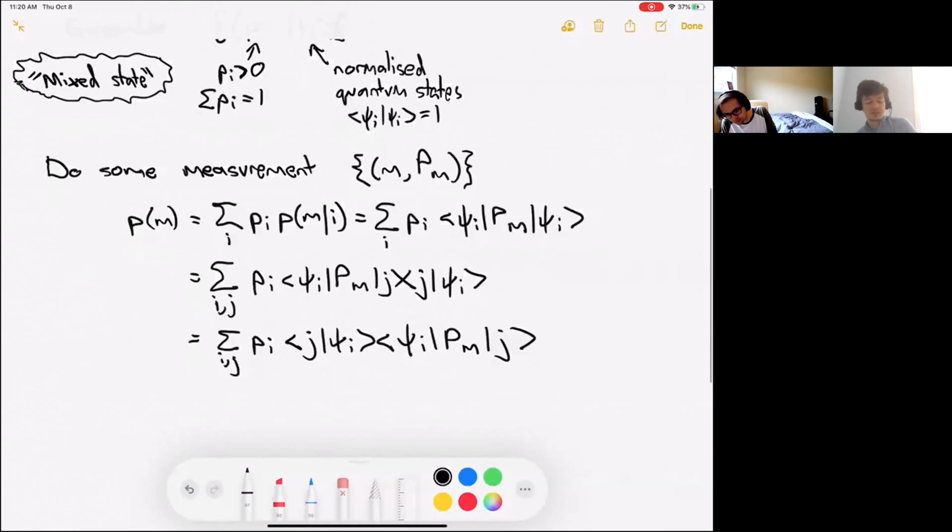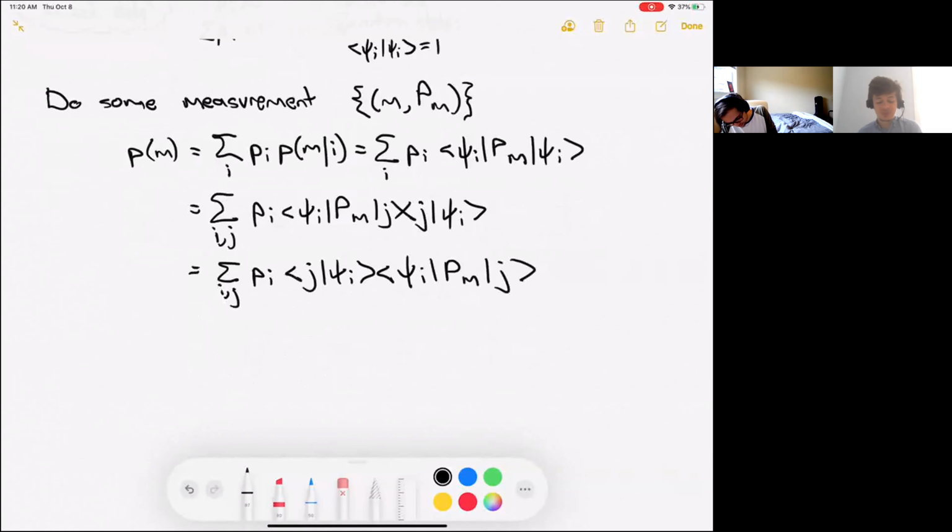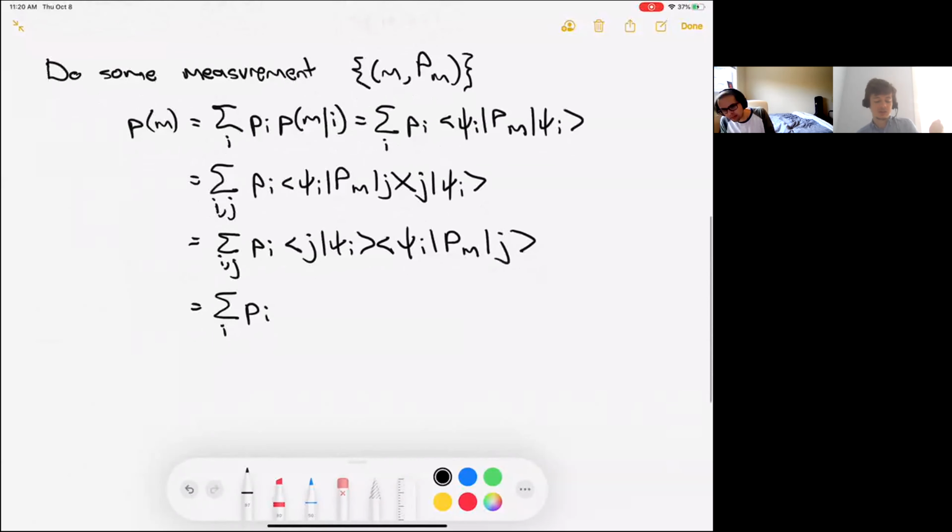But now we just have a sum over the expectations in this orthonormal basis J of this operator ket psi I bra psi I times the projector PM, right? So that is just a trace. That's the definition of a trace: sum over bra J operator ket J for some orthonormal basis J.